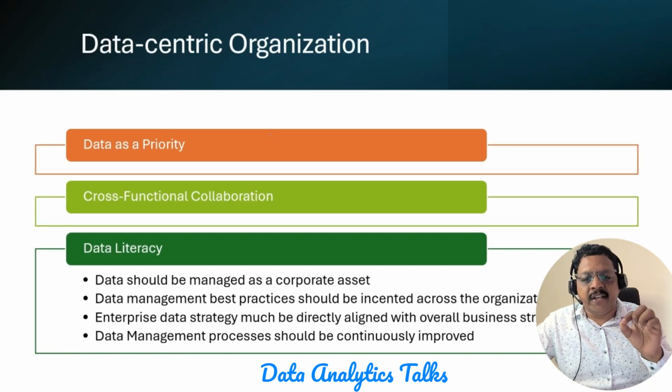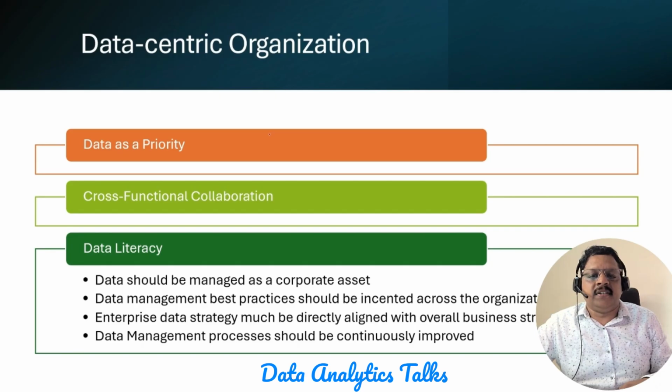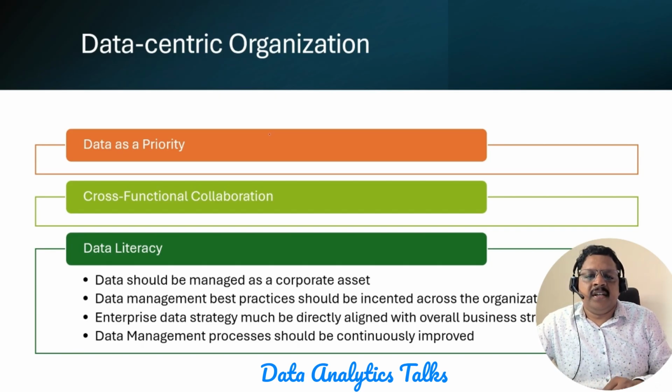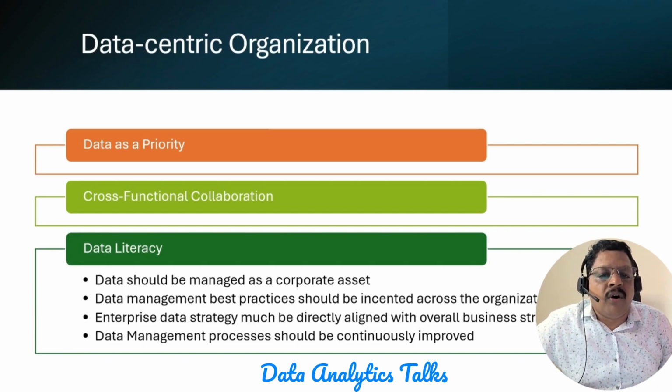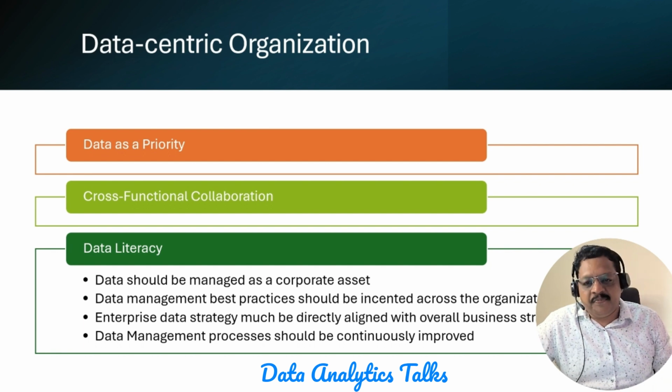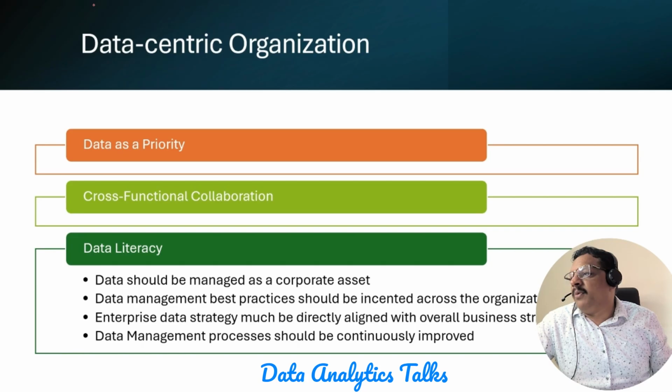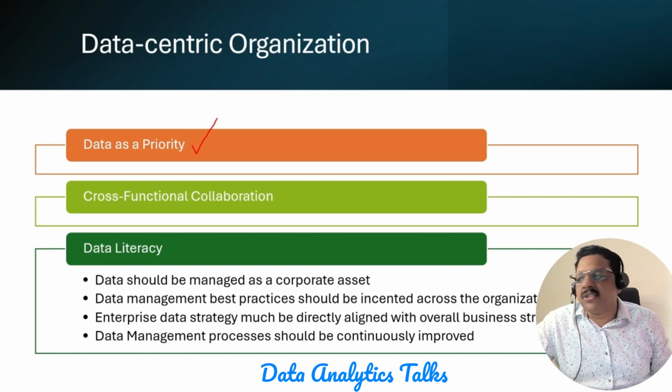A data centric organization values data as an asset and manages data through all phases of its life cycle. It is very important to understand data as a priority. It is an organizational asset, and it is being managed throughout its life cycle.